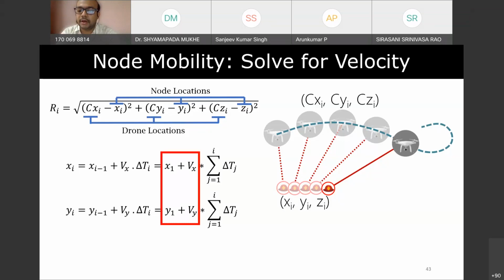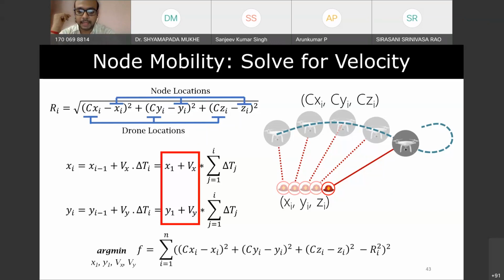And what was his velocity in the x direction and in the y direction? If you solve for these four variables, you can get a good answer for his entire trajectory. Once you know Vx, Vy, and the starting location x1, y1, you can solve for the rest. Okay, so this is the optimization problem.